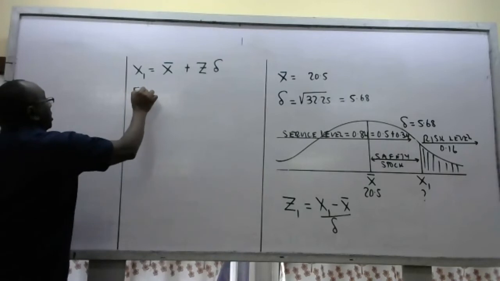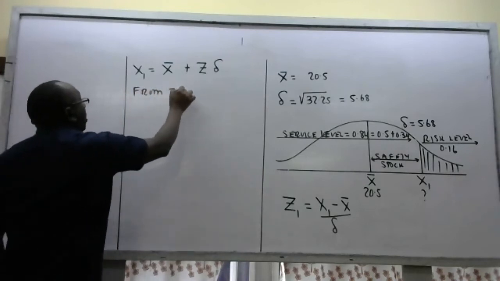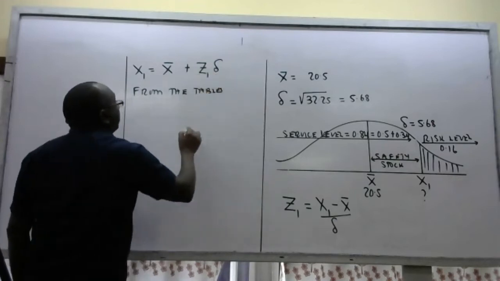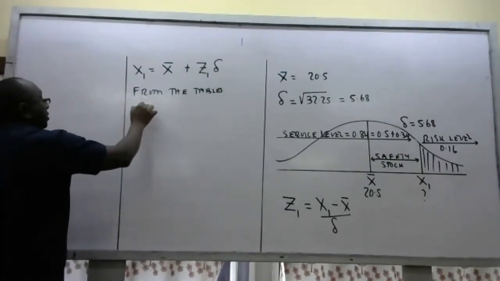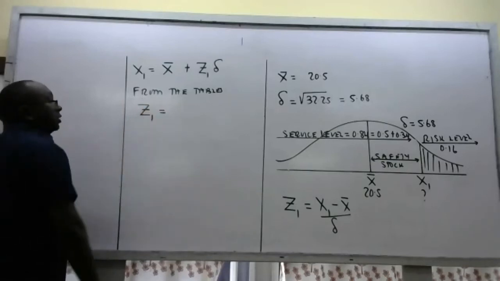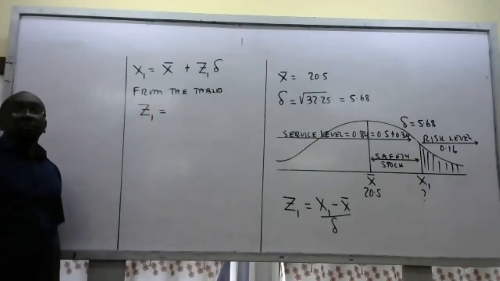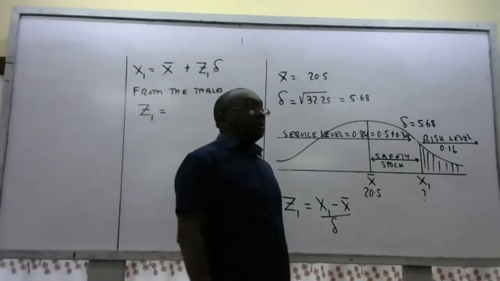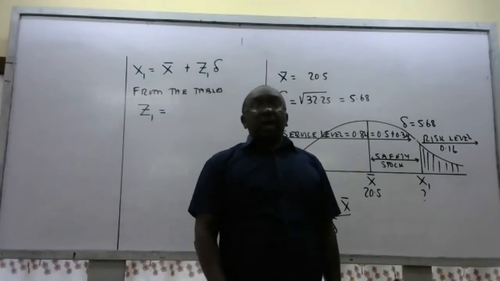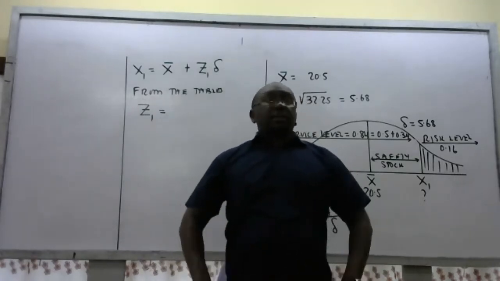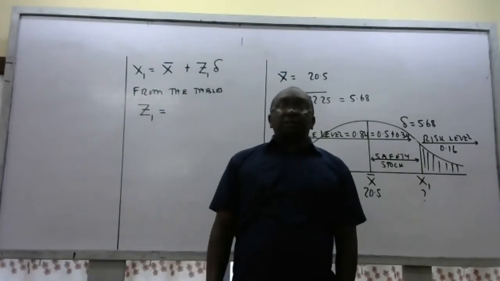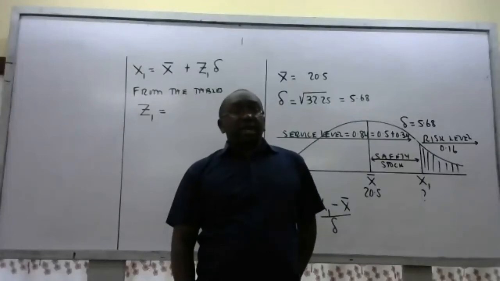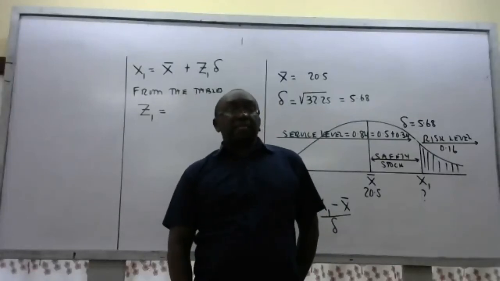But we know that from the tables, Z1 should be equal to... So get your tables. And again, those who are online, you can re-forward the past papers to the group so that those who have just joined can be able to access them.